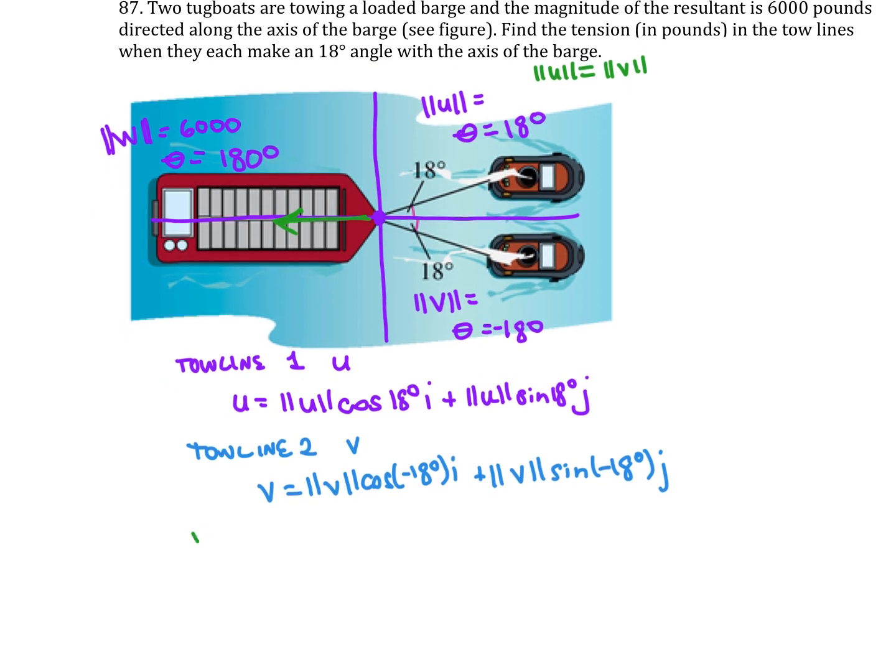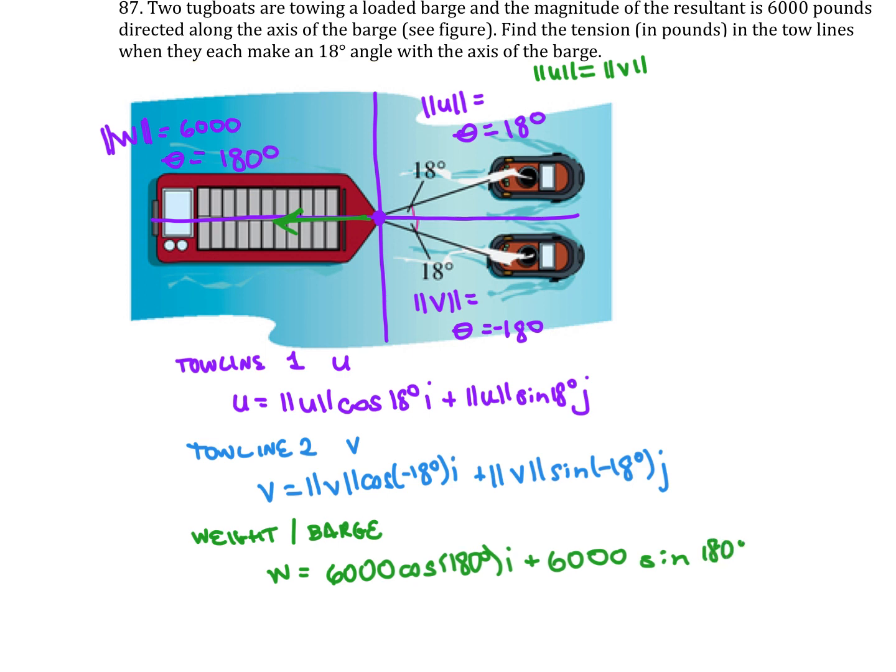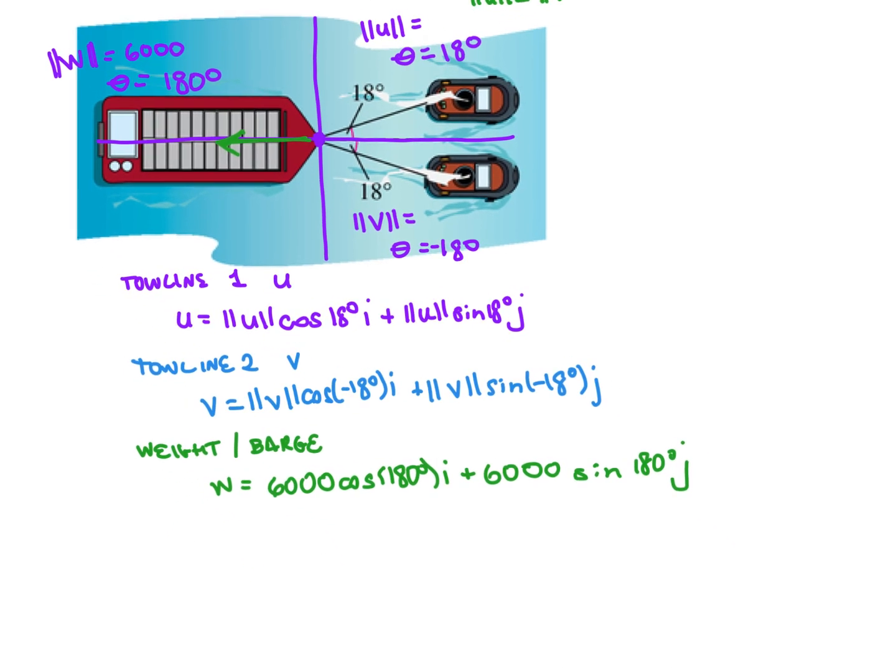Last, let's write our barge, I'm going to call that weight of the barge. W equals the magnitude of W. We do know the magnitude of W is 6,000. So 6,000 cosine of 180 degrees i plus 6,000 sine of 180 degrees j.